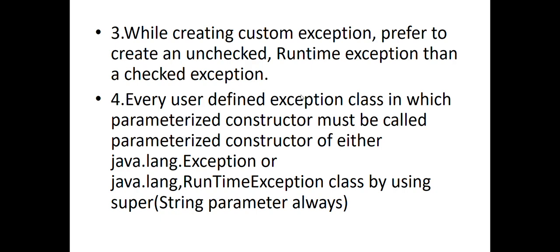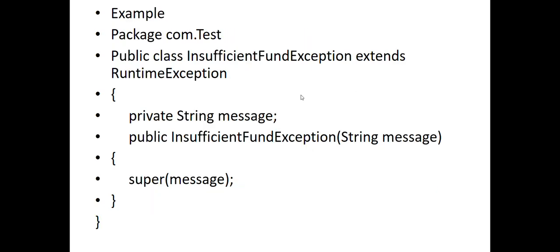So let us see an example of custom exception. First I am creating a new derived class by using the base class RuntimeException. So public class InsufficientFundException. Suppose I have an account in a bank and I want to check the balance.